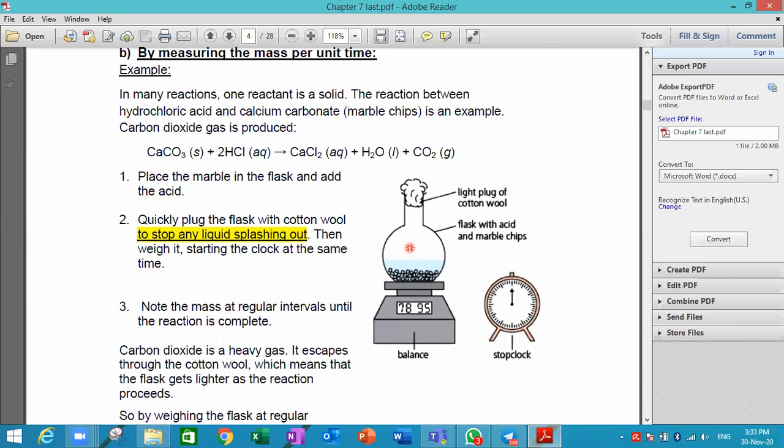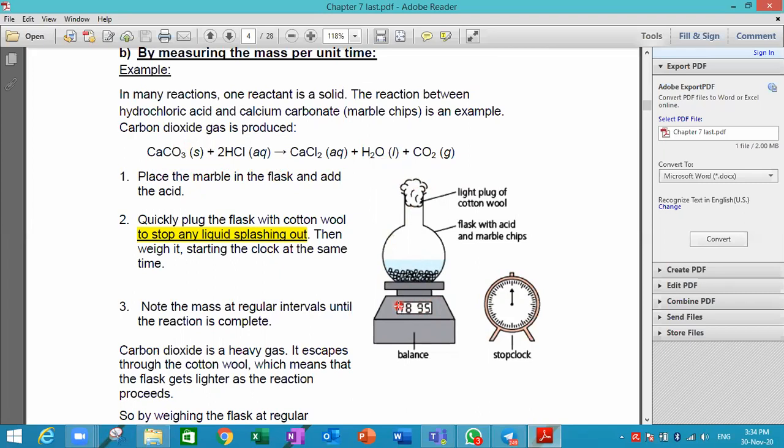Which part of it will evaporate? Excellent. The acid? Not the acid. You see here in this reaction, we have calcium carbonate plus HCl gives carbon dioxide. Yes, carbon dioxide will escape through the container. We placed a cotton wool so as to allow the carbon dioxide to escape from the container so that the mass here will decrease.